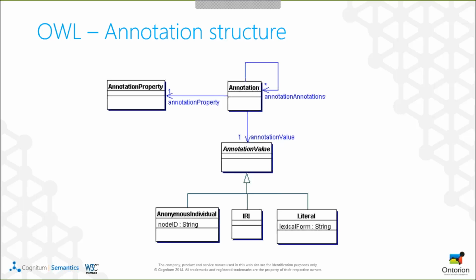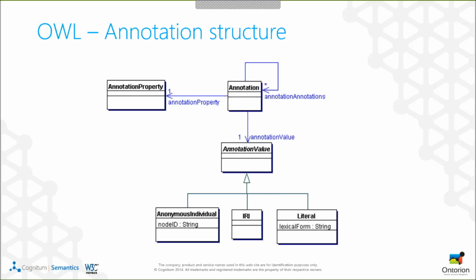Annotations are quite widely used in the semantic web because they are a very simple and nice way to give, for example, human-readable labels to things that you define, and also a nice way to give translations to elements. For example, for the same entity, you can name it in different languages. This is why annotations are widely used.